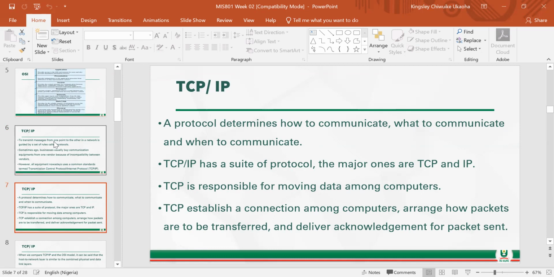So the TCP part divides this message into smaller components called packets. The IP part now envelopes and addresses these packets so that they can be moved across the network. So you can have a message that's about 10 pages long, and it could be divided into about 100 packets. And they are all sent through different routes on the internet to get to their destination.